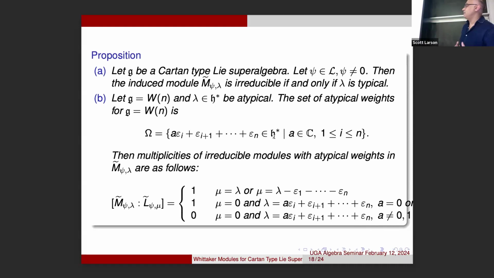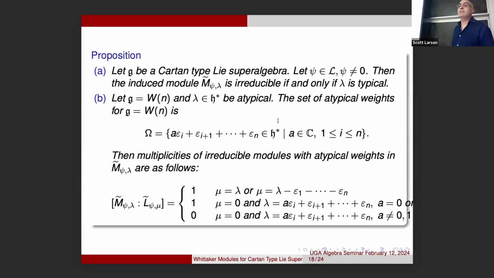Basically, the result says that if it's not simple, if it's atypical, it's isomorphic to a direct sum of two simple modules. That's what it says. You can see there are two cases, most of the time. Again, I don't think you need Z-grading in her results, so it really holds here too, with slight changes.